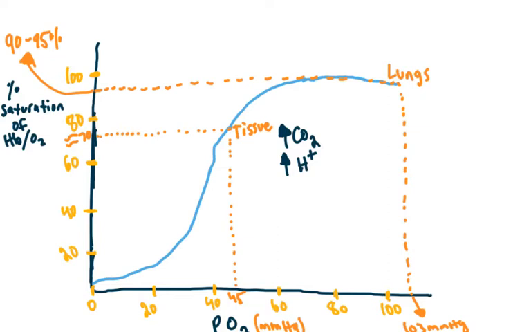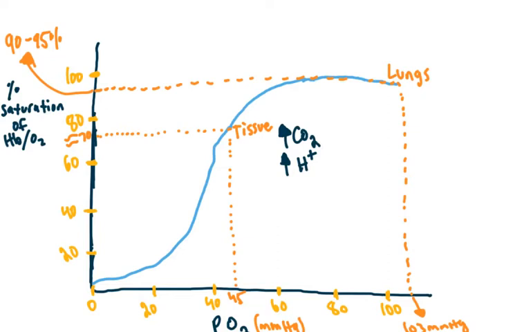So as CO2 levels and H plus cations increase in the red blood cell, we saw that oxygen from the oxyhemoglobin, the oxygen bound to the hemoglobin, started to get kicked off.